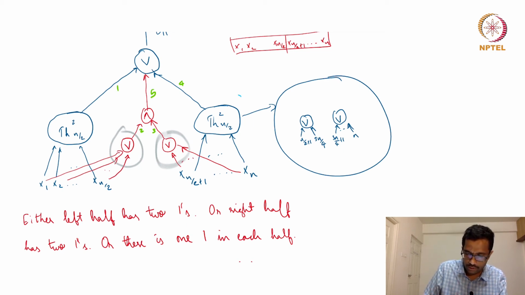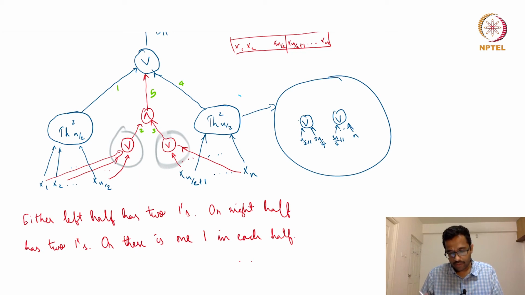So all you need to do outside for the OR from x n divided by 2 plus 1 to xn is just take the OR of these two. So you could just bring it out and take another OR. This is something that you can do. I'll just erase this part.